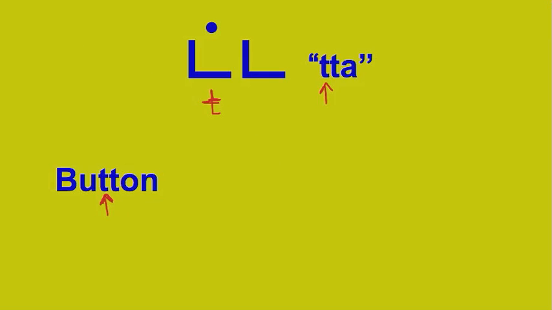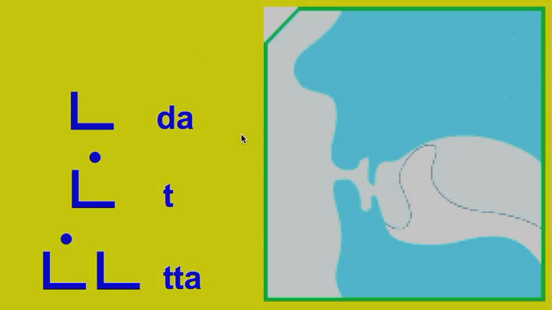Another thing to mention about these letters is the tongue placement. This is a concept that we'll refer to frequently when we're describing the letters. This is just a picture of the mouth in profile.